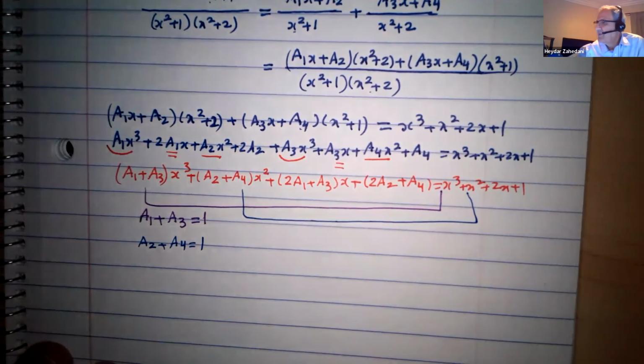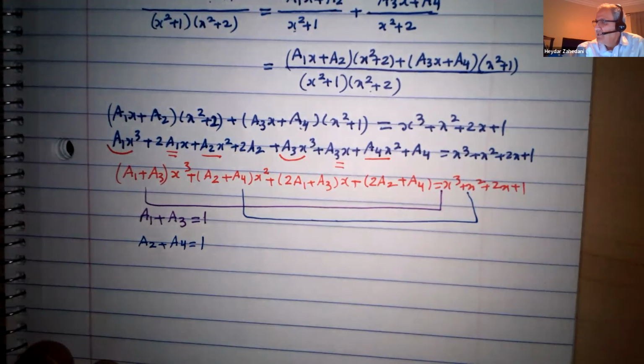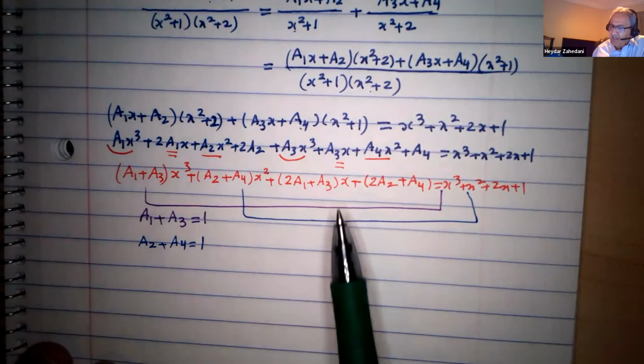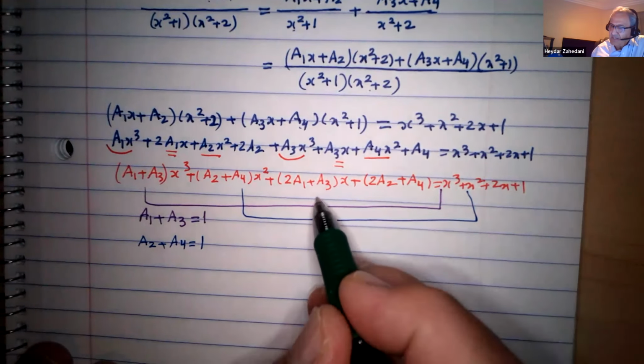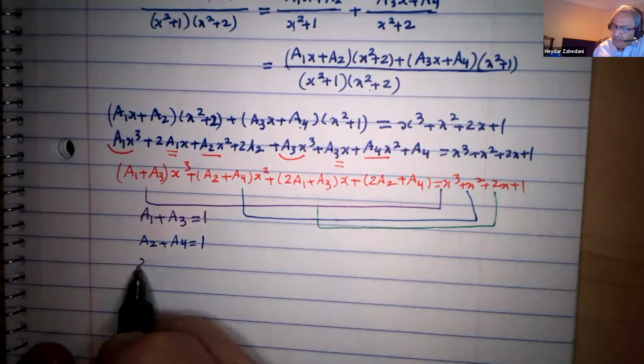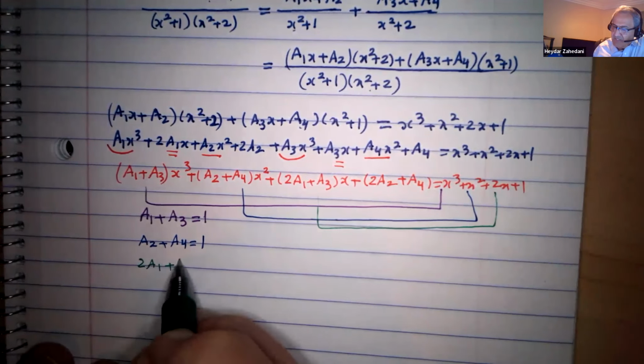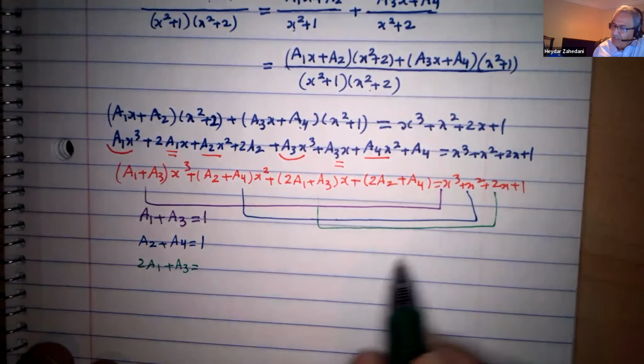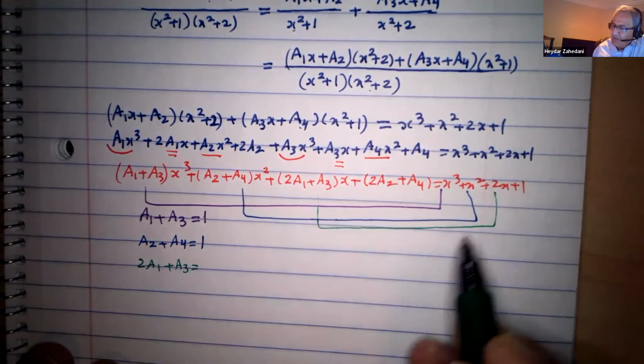We continue getting the rest. The coefficient of the x must be equal to the coefficient of the x on the right. So we have 2A1 plus A3, and over there we get a 2.